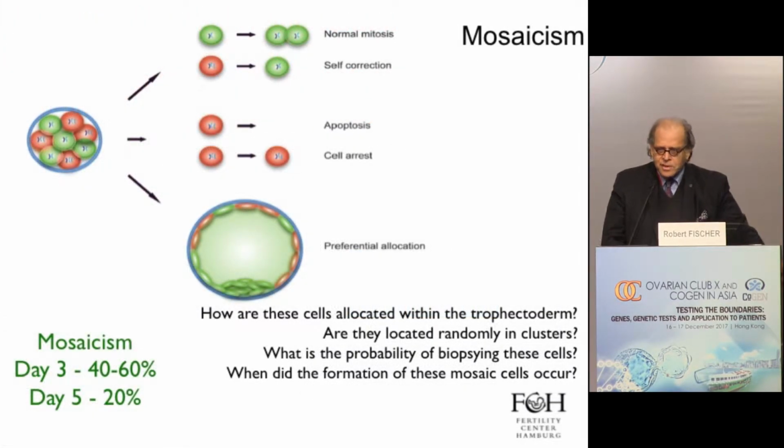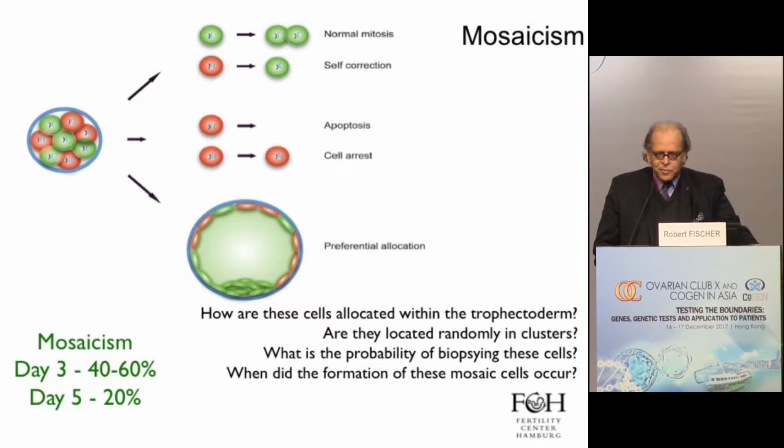And the question of mosaicism came up, and here just to try to explain, and I'm sure that Norbert Gleicher will say a little bit more about that in the next debate. As you can see, this will be a day 3 embryo, and if you have abnormal aneuploid cells in there, you will not know where they go and what will happen to them in the trophectoderm, where they will be placed.